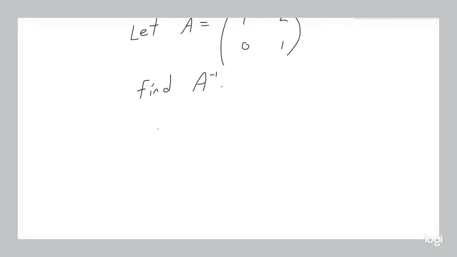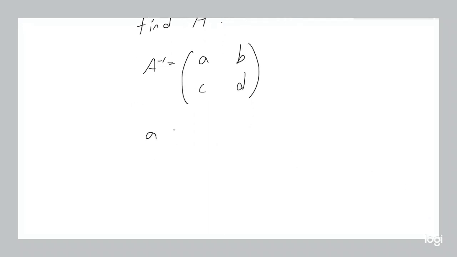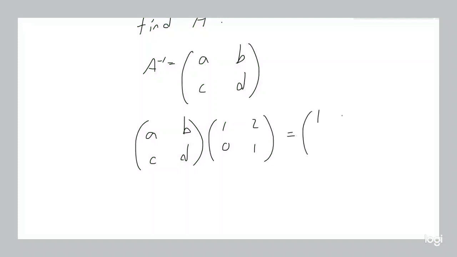Okay, we could think, okay, let's say A inverse equals A, B, C, D, whatever that is. And then we can say, okay, A, B, C, D times 1, 2, 0, 1 equals 1, 0, 0, 1. Okay, and you can solve this as a system of equations, right?